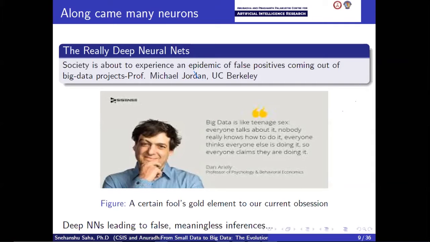So what he really means is, without doing really vigilant statistical inference and without caring about the error bars, where you are actually making errors, if you rely on deep neural networks, then it will lead to false, meaningless inferences. And he also says it's a certain fool's gold element to our current obsession. So here comes the skepticism.